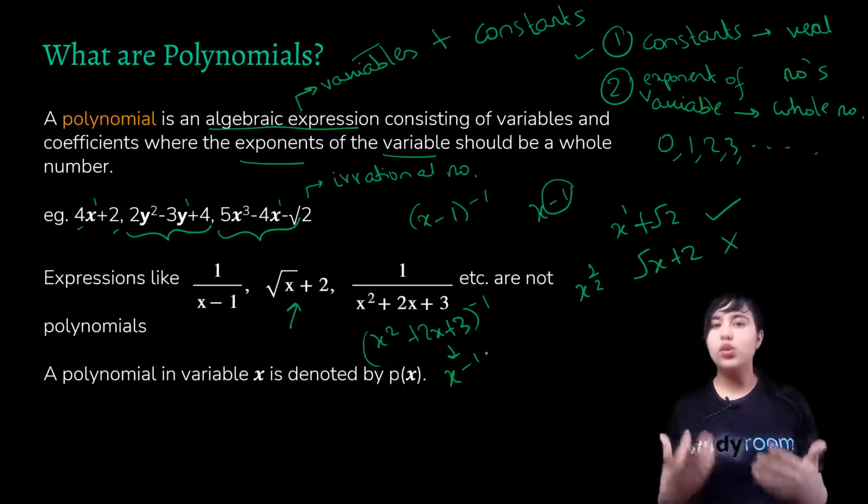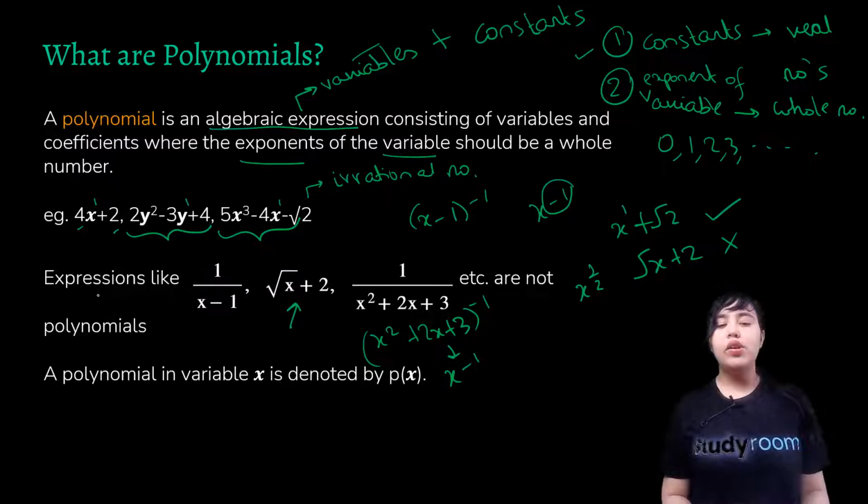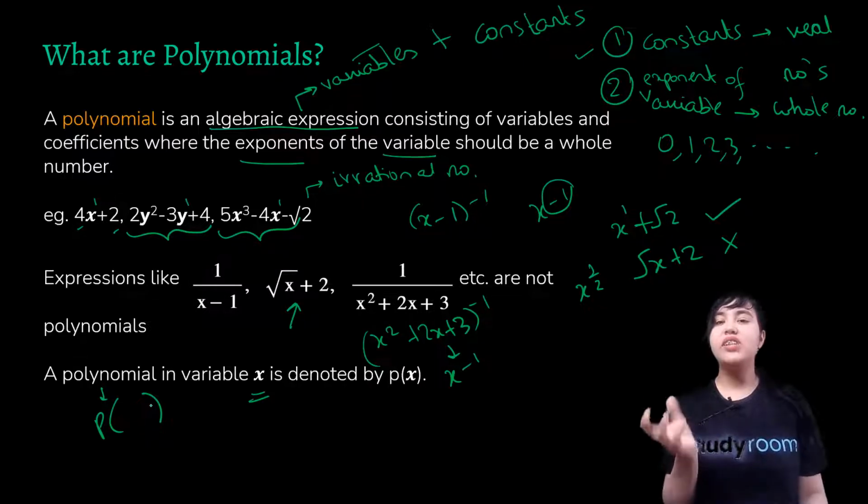Now, how do we denote these polynomials? We look at the variable and accordingly we write it. P for polynomial, so we have P over here, then we have parentheses, the round brackets, and inside these round brackets we mention the variable in which the polynomial has been expressed. So if I give you a polynomial in variable x, it becomes P of x.